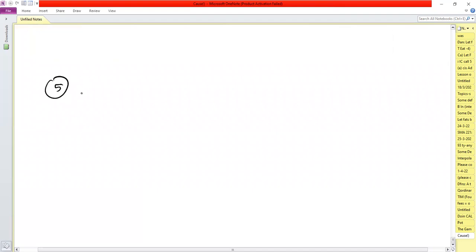And then the last property for the divided difference: the nth order divided differences of a polynomial of degree n are constants.